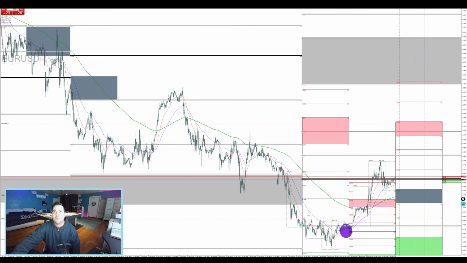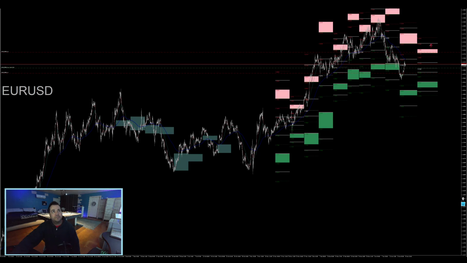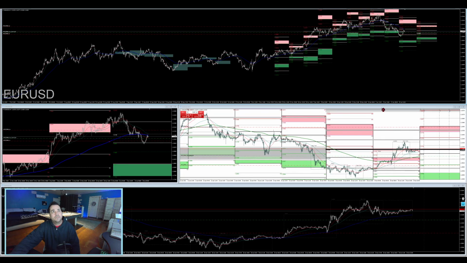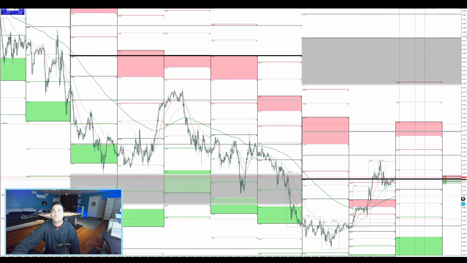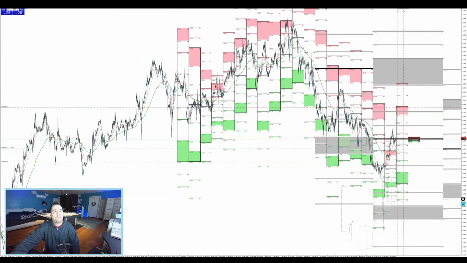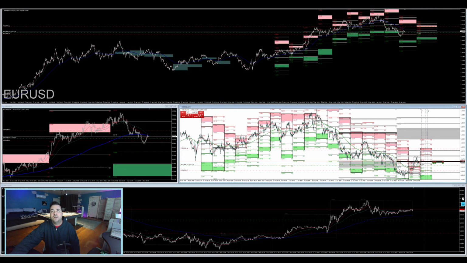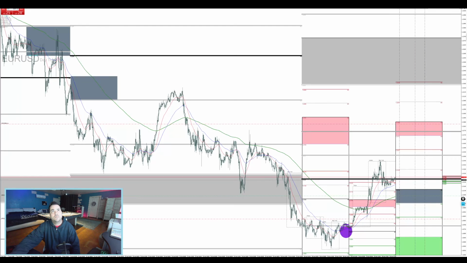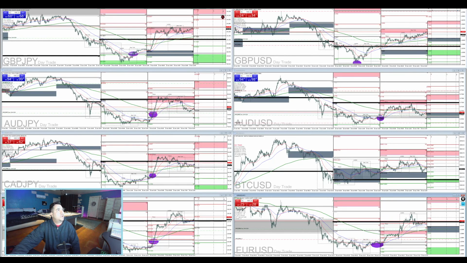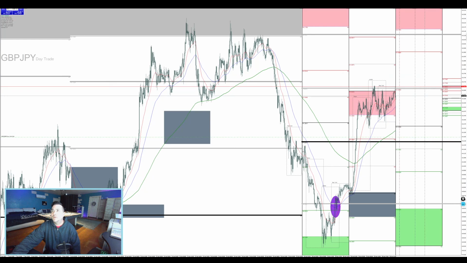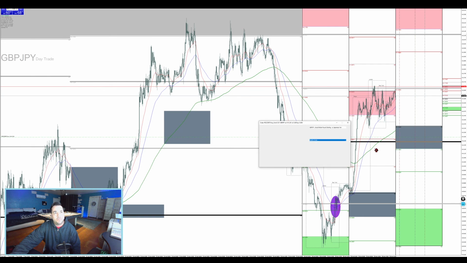I think that should be the appropriate level, euro USD. Oh yeah, that's appropriate. Okay, got done with the dollar pairs. All right, let's head on over to the yens. I know for a fact that the profit target is going to be the typical profit target on these ones because they moved quite a bit today.